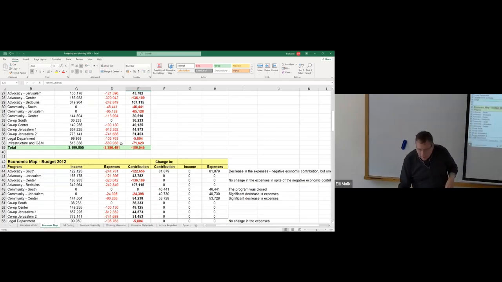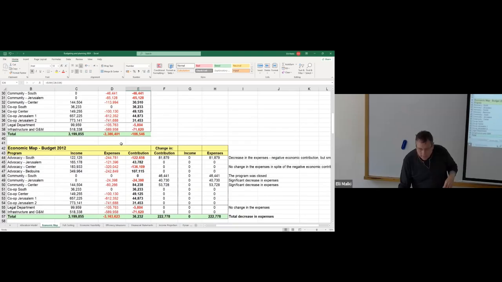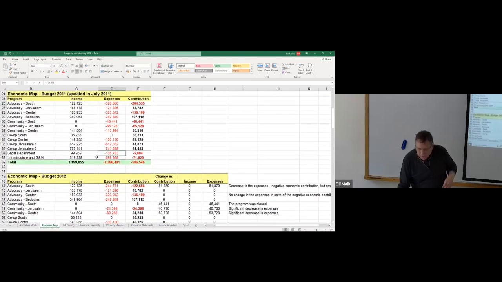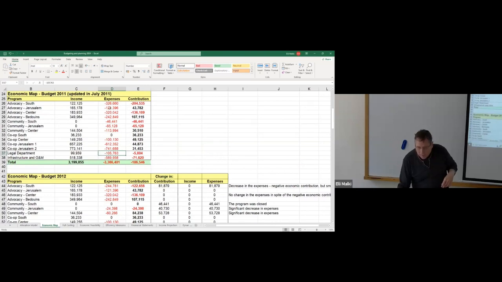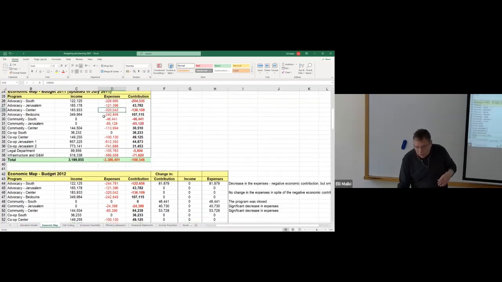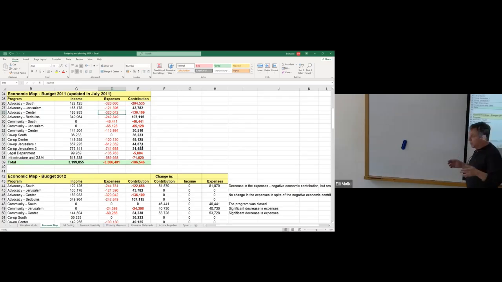Also, if you look at the legal, which also has a significant amount of expenses, they didn't change it. Here in the advocacy center, which is significant in terms of expenses, they didn't change it. Now, all the co-ops have a positive economic contribution, so obviously we understand why they didn't touch them.